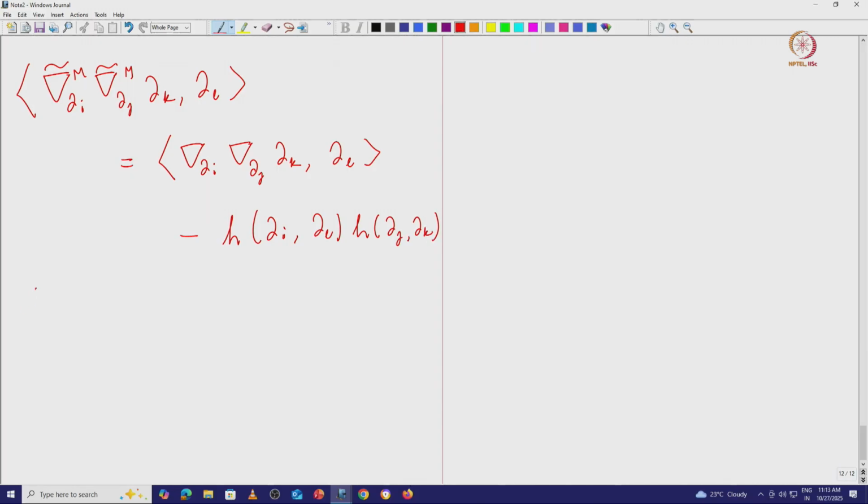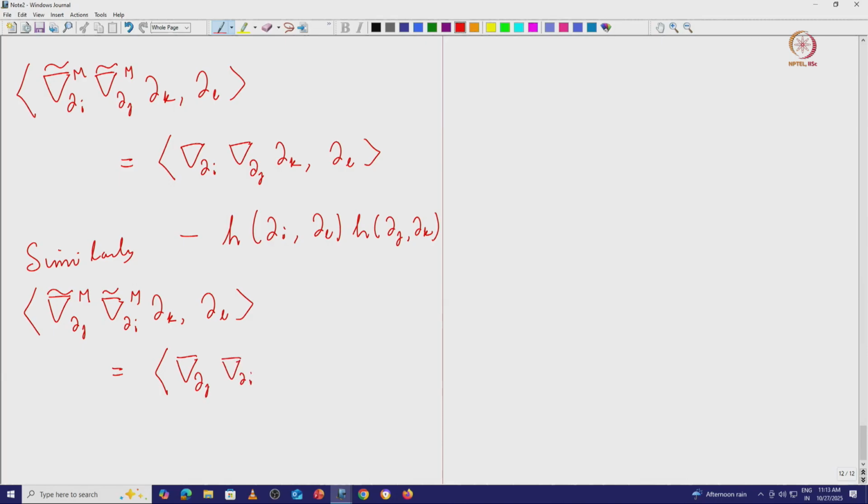Similarly, now interchanging the role of I and J, you get this just by symmetry, right. Del J del L H of del I del K.